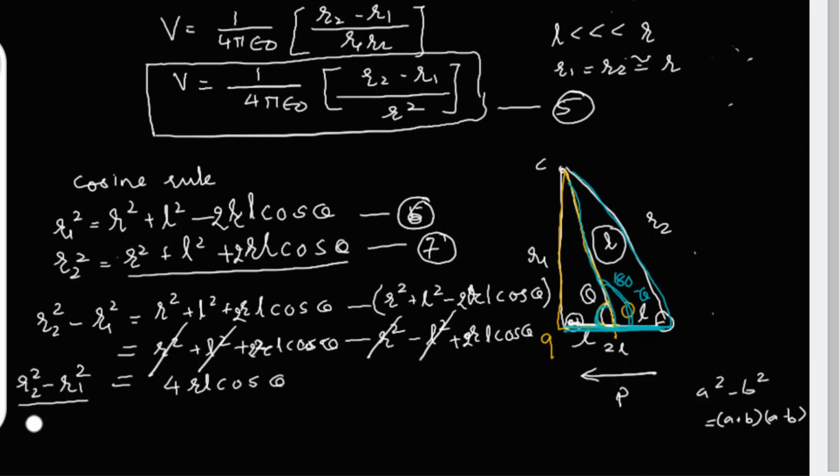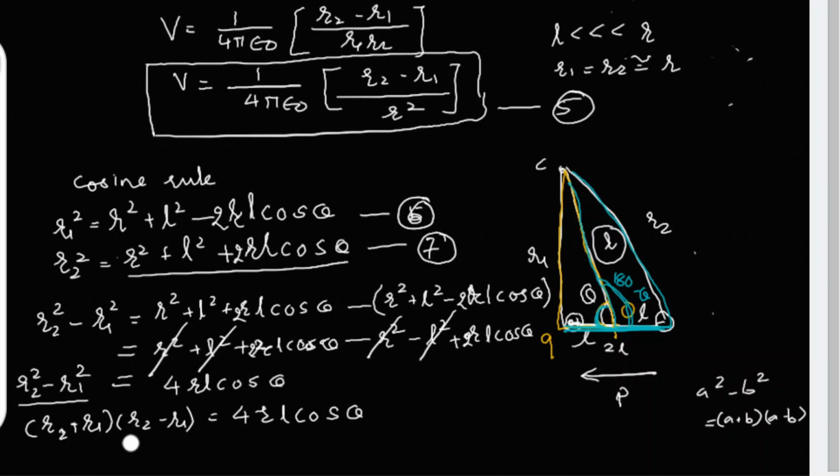Similarly here, in the first bracket I'll write R2 plus R1, and in the second bracket R2 minus R1, and that is equal to 4 R L cos theta.